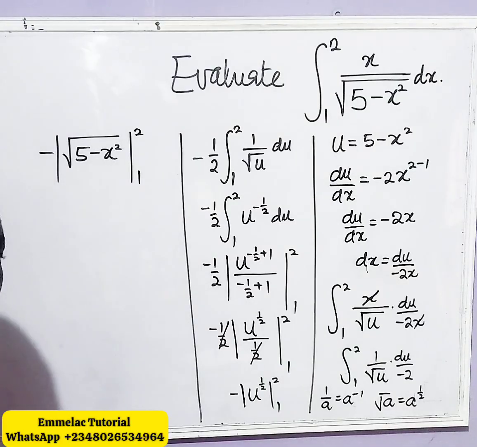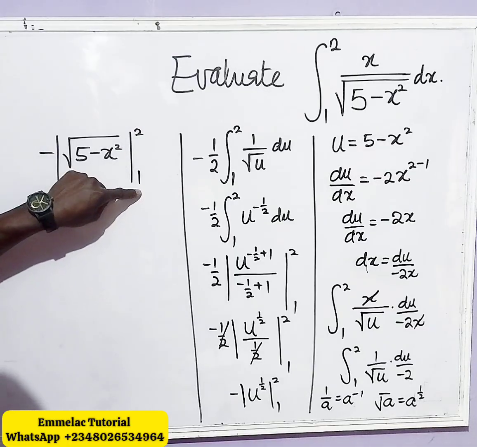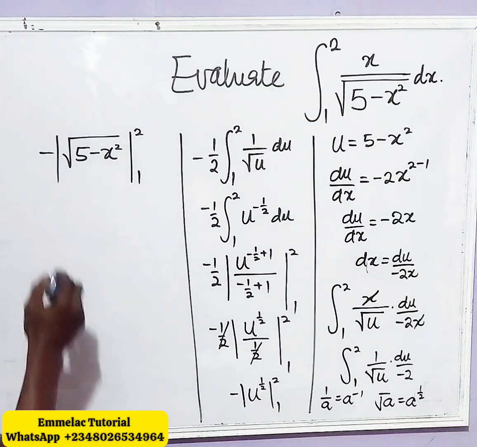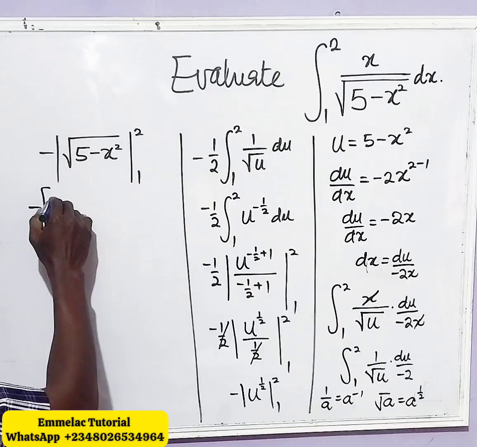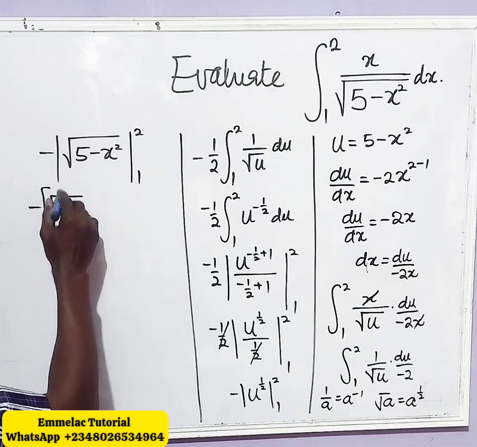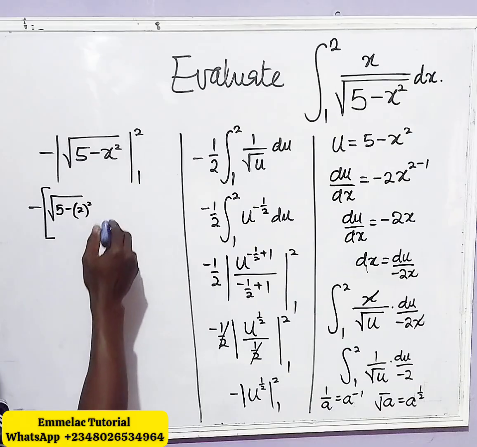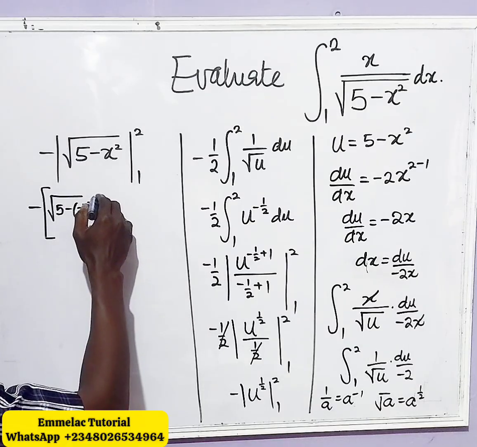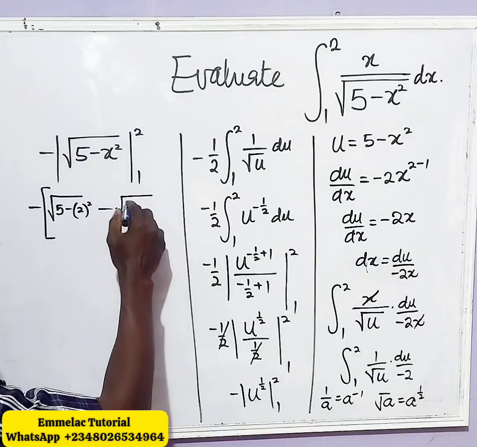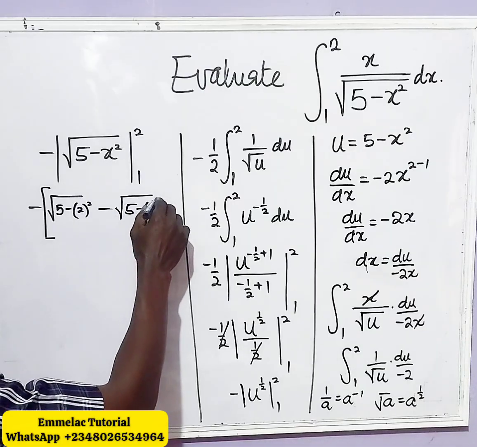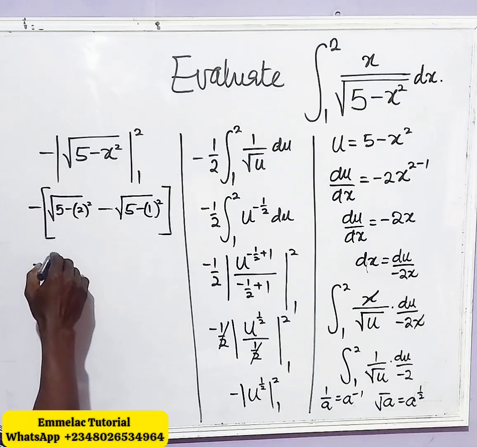So what we need to do now is to plug in these values and subtract the lower limit from the upper limit, and that gives us the square root of 5 minus 2 raised to 2, minus the square root of 5 minus 1 raised to 2.